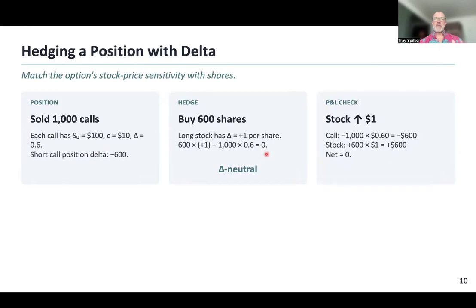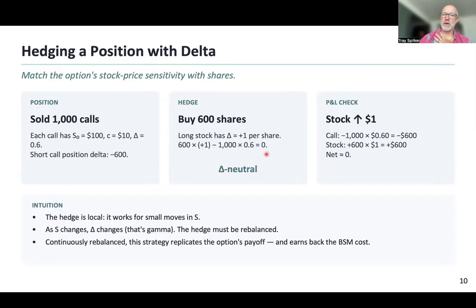Now, something to keep in mind here is that this is just a local hedge, and it works for small price changes, right? A few cents here and there. Now, as the share price changes, the delta itself changes, and that's something called gamma, which we'll talk about in the next section here.